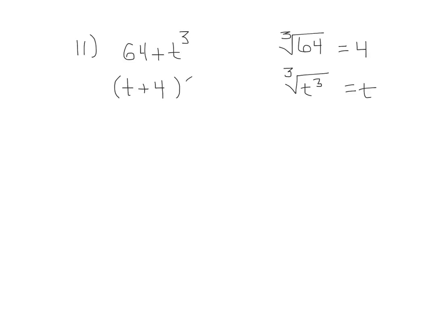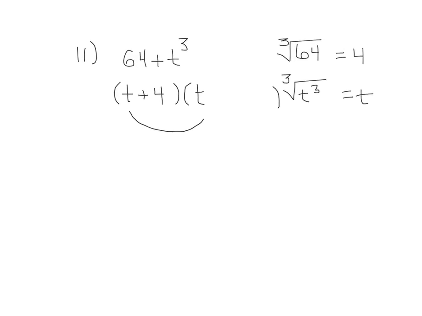And then we know that when we factor a sum or difference of cubes, we get a trinomial for the second part. We take the first term of our binomial and we square it. We take the last term of our binomial and we square it. Both of those will always be positive.